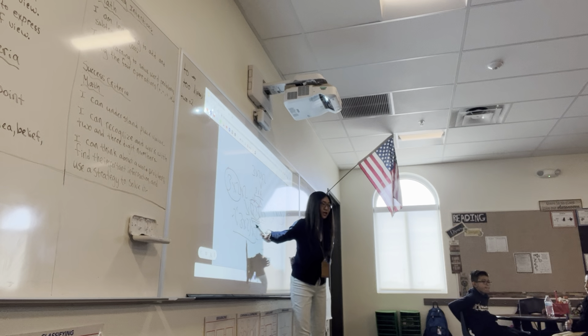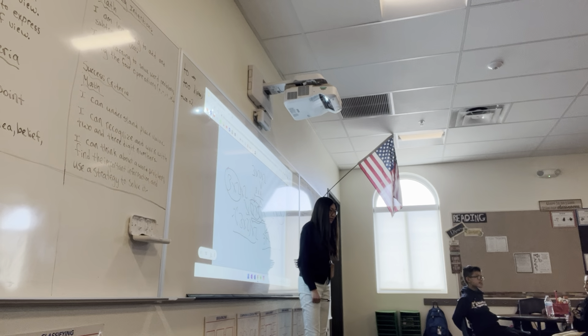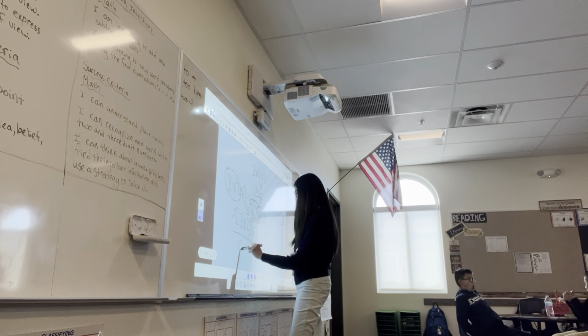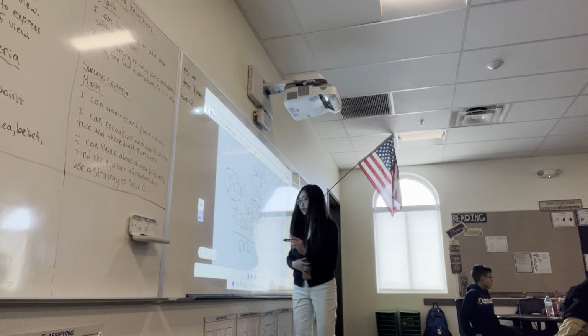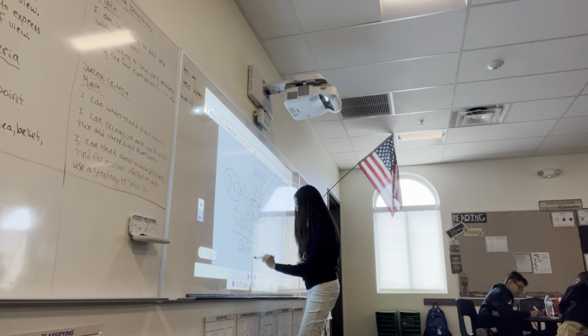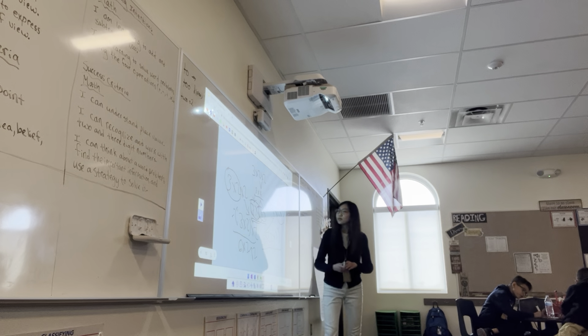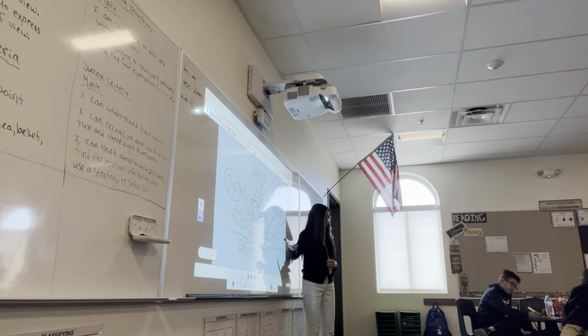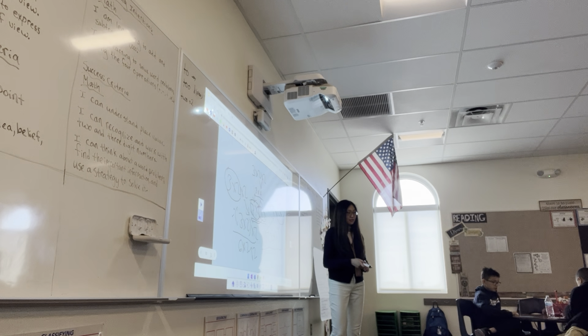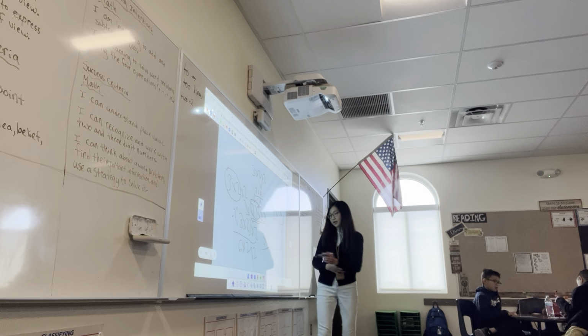So what is 3 times 2? 6, right? So 6 times 2. What is 6 times 2? 12, right? 12. And here, what is 2 times 2? 2 times 2 equals 4, right?